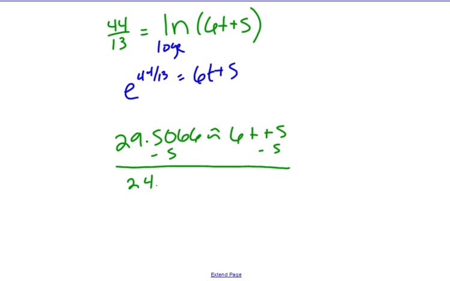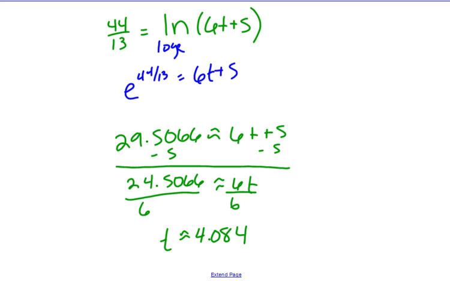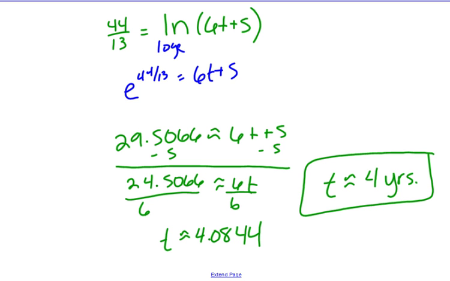So I'd get 24.5066 equals 6t. When I divide by 6, I got 4.0844. This would be my answer, except it says in the question, round the answer to the nearest whole number. My nearest whole number is 4, so my time is approximately 4 years.